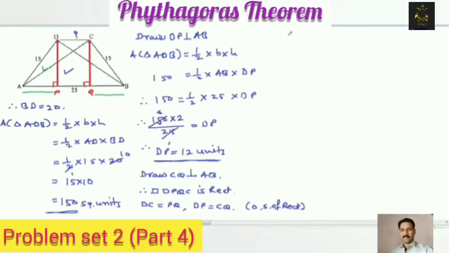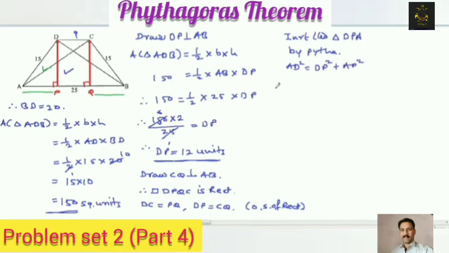Now the very simple part: in right angled triangle DPA, again we have to apply Pythagoras. Which is the hypotenuse here? AD square is equal to DP square plus AP square.